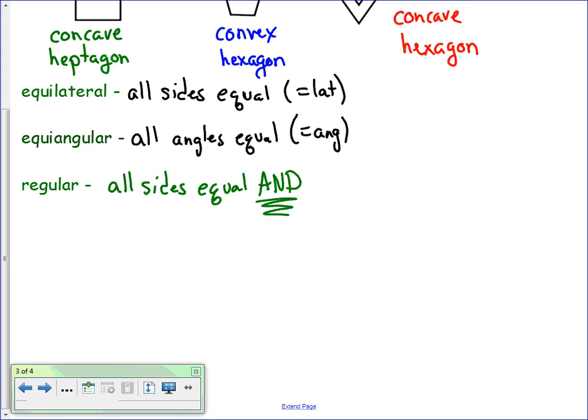It could be equiangular without being equilateral, but if it's regular, it has to be both. So if something was 5-sided, all sides are the same, all angles are the same, we would say it is a regular pentagon.